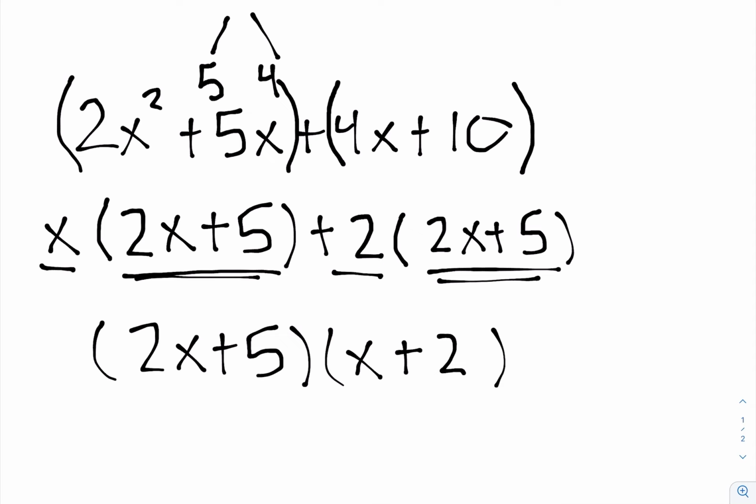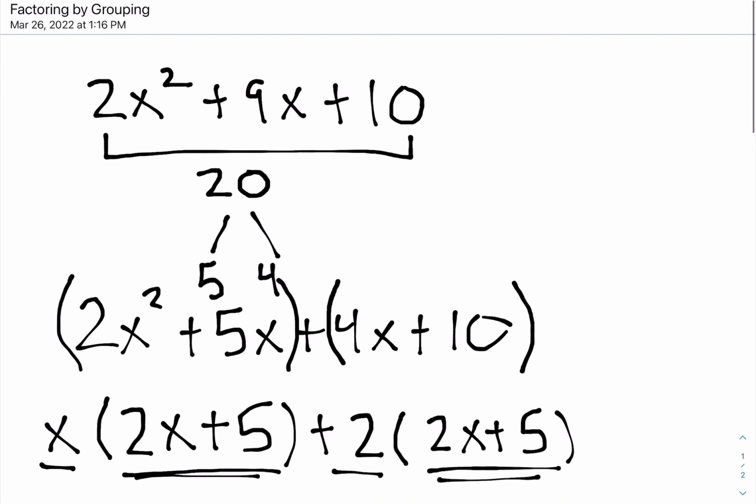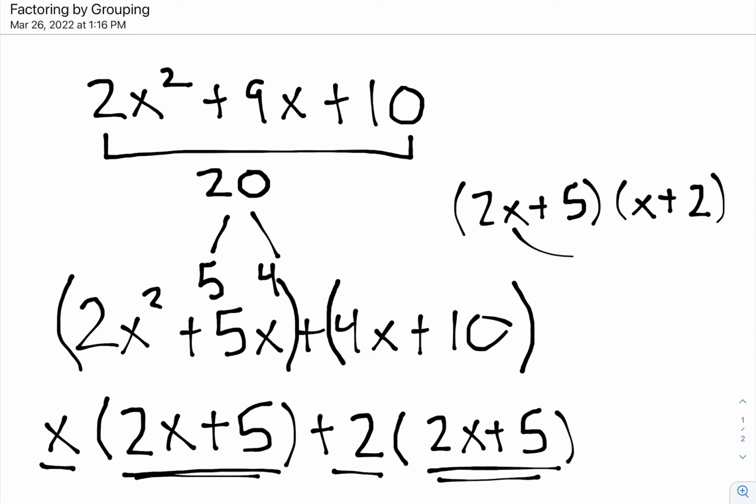It's a super reliable way of factoring quadratic expressions or equations when there's a coefficient in front of the x squared. Sometimes you can do some guess and check, like you can do 2x and x and just put in numbers that multiply to 10, and maybe it'll work out if you expand it.